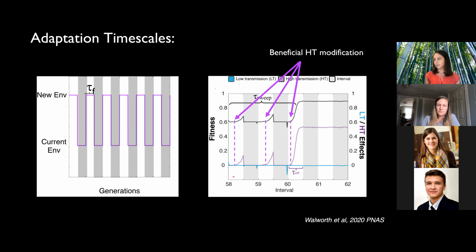So this is an example of generation time on the x-axis here, interval. Our time scales are done in generations. And the important line to look at here is the fitness. So that's how well the population is doing in the new environment. And so every time it goes into a new environment, the fitness starts to increase due to these beneficial genetic mutations. But when they move out into the old environment, they start to lose those mutations.